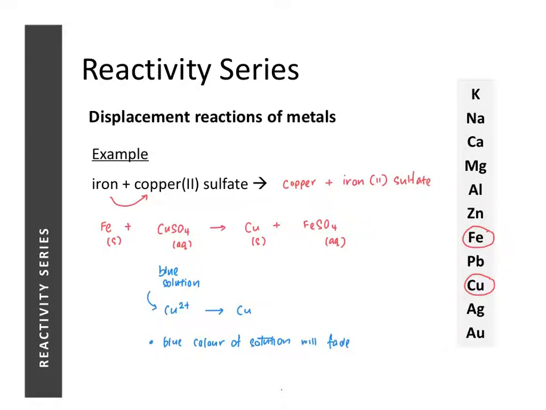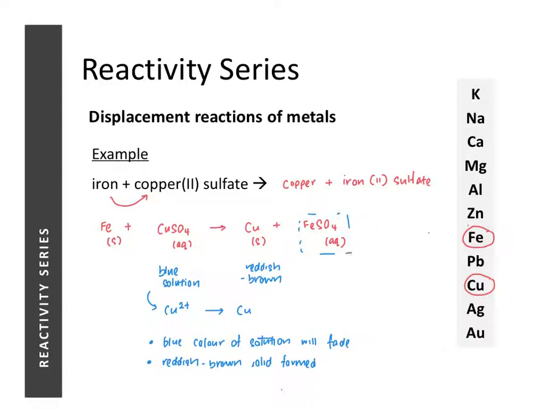The next observation is that copper metal is a reddish brown solid. As the copper 2 ions are being converted to copper metal, you will see a reddish brown solid appearing. And if you were to read further, you will find that iron 2 sulfate actually has a color as well.